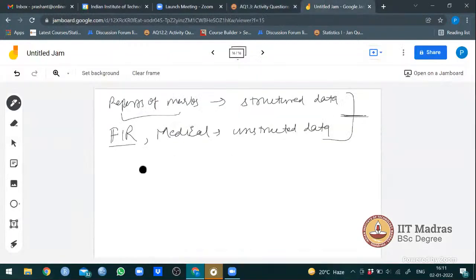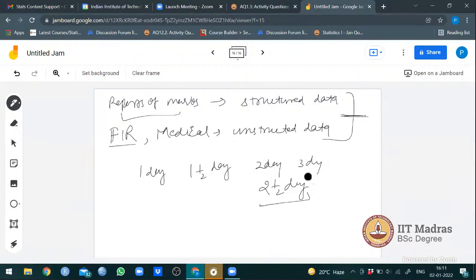See, you can count 1 day, 1.5 day, 2 day, 3 day, 2.5 day. See, it's not about timing. It's about days.